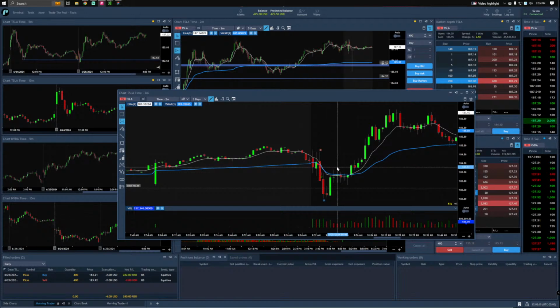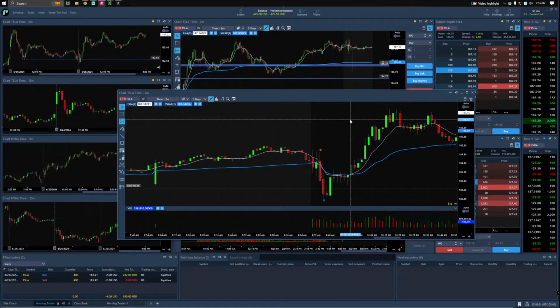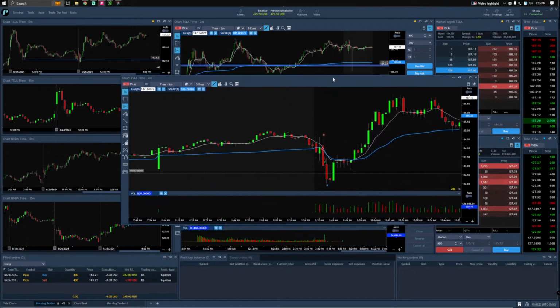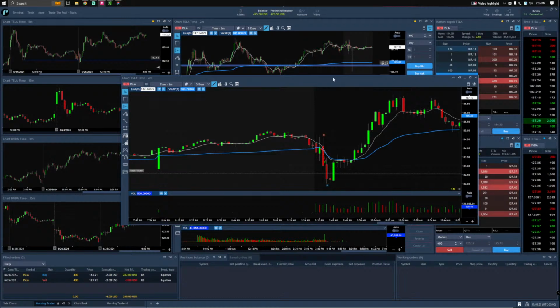So if it did rip against me $1 on 400 shares, the system would automatically close out my trade. So it's just like a stop loss. You know you're not gonna fail. I know some prop firms, they'll probably fail you for breaking a rule, but this will just stop you from trading, and that's one thing I do like about Trade the Pool.